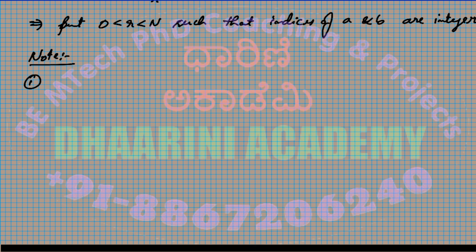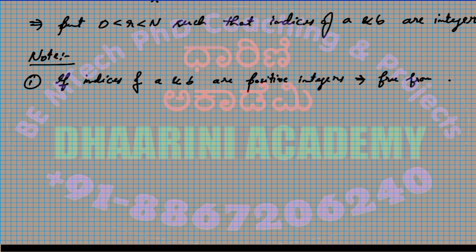Okay, so let me write that. If the indices of say a and b are positive integers, this implies that the free from radical terms will become equal to those terms which are integers.